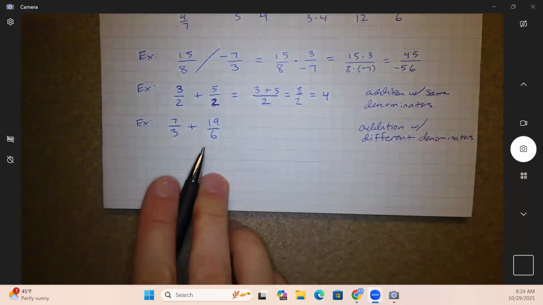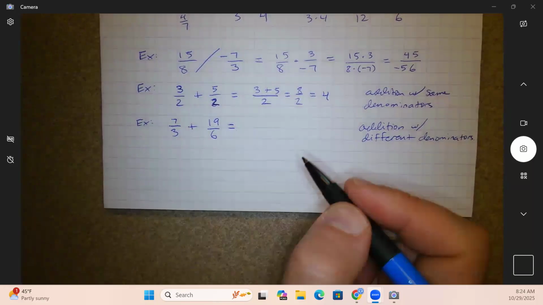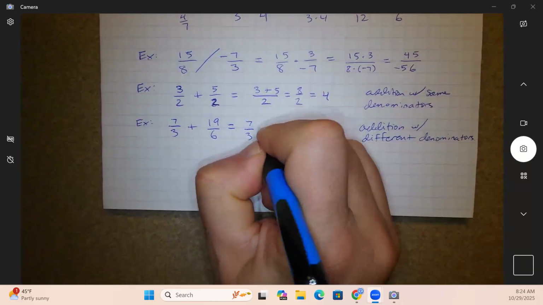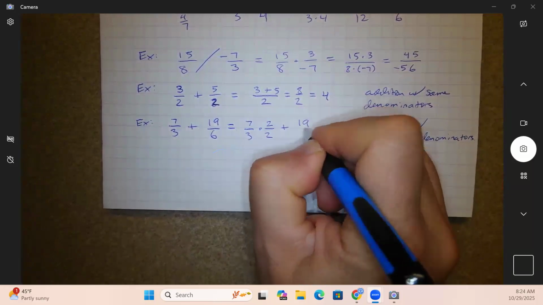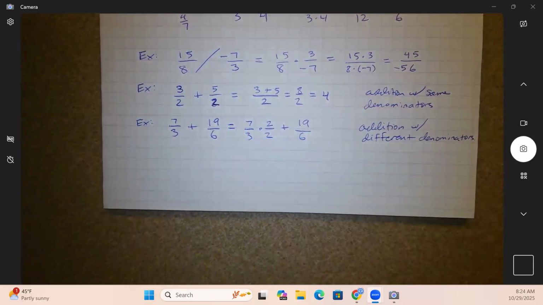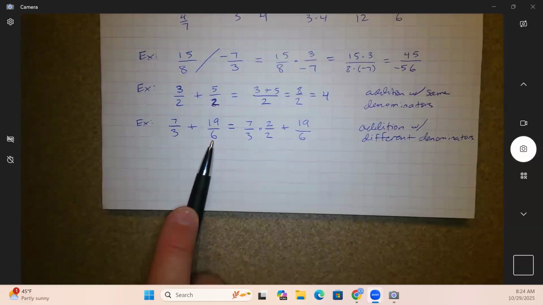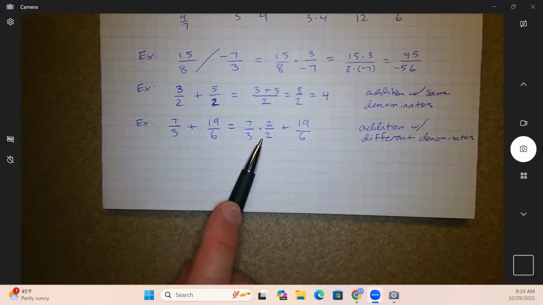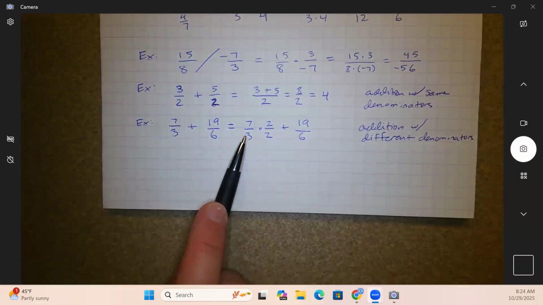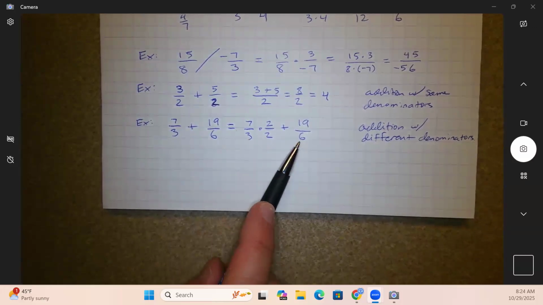Your first step is to change them so that they do all have the same denominators by figuring out what's missing from each fraction. 7/3 plus 19 over 6. The 7/3 is missing a 2, which gets the denominator to be equal to 6. The 19 over 6 isn't missing anything.